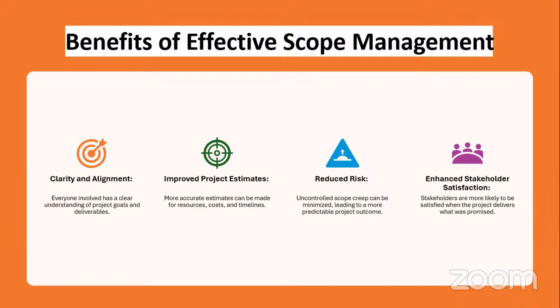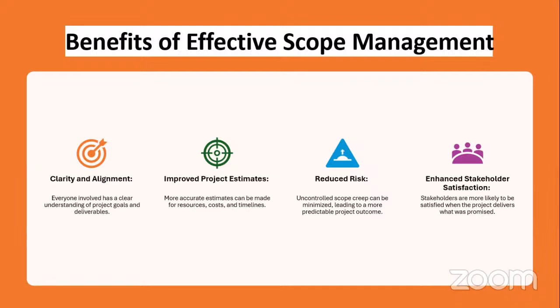Then it provides improved project estimates. This is very, very important. The project estimate in terms of timeline, in terms of cost, in terms of all resources involved, because all the resources and all the time will be allocated to defined tasks in the scope.